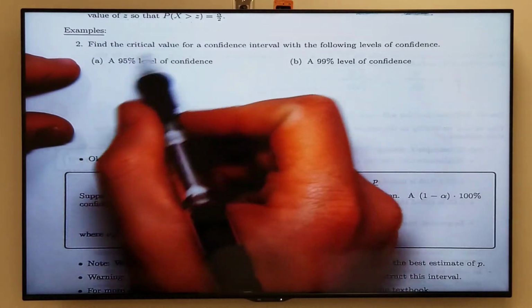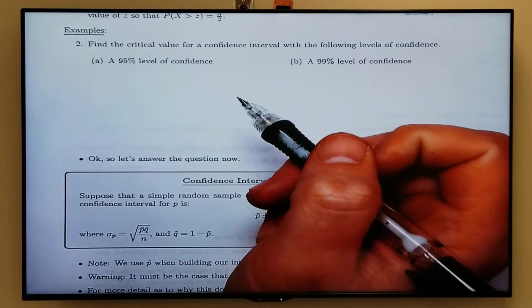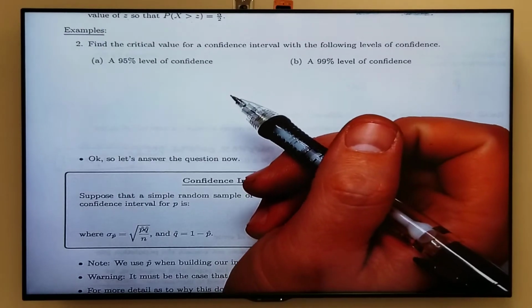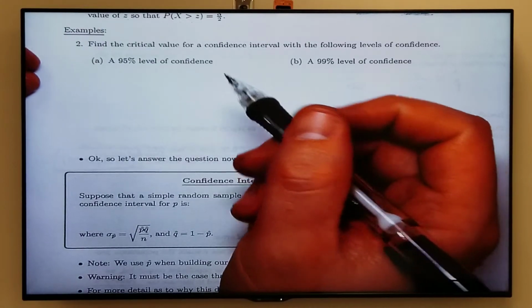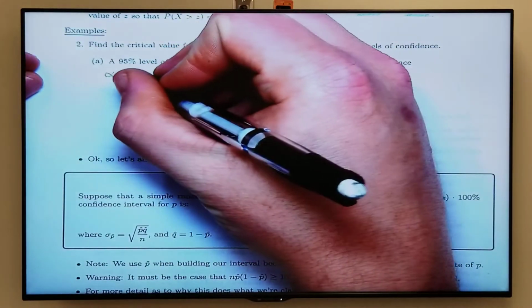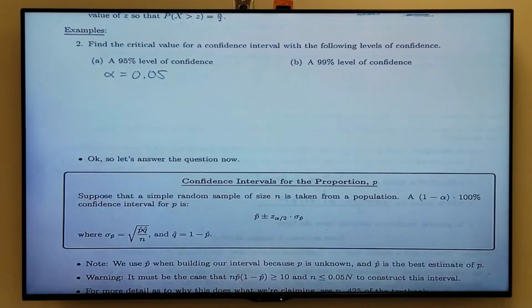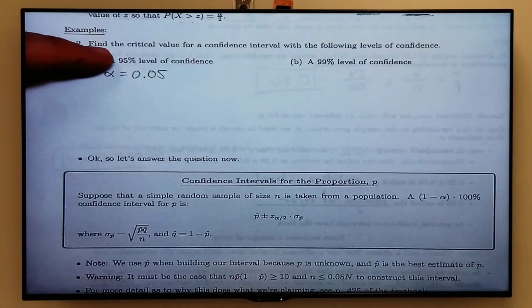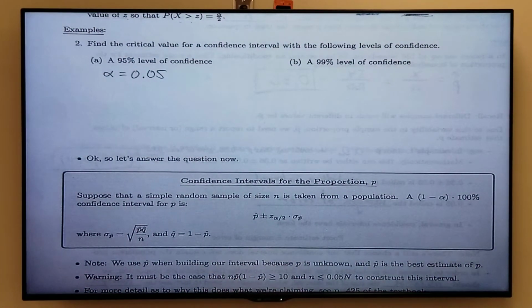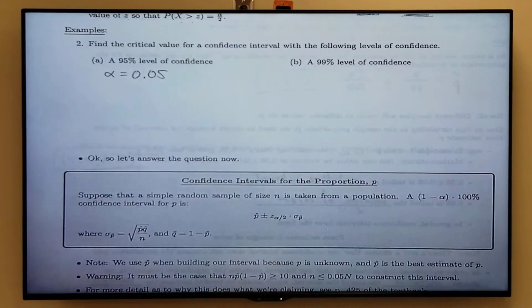So the critical value for a 95% confidence level. The first thing we need to do is figure out what alpha is. Okay, so for a 95% level of confidence, alpha would be 0.05, because 100% minus 95% is 5%, and 5% as a decimal would be 0.05.